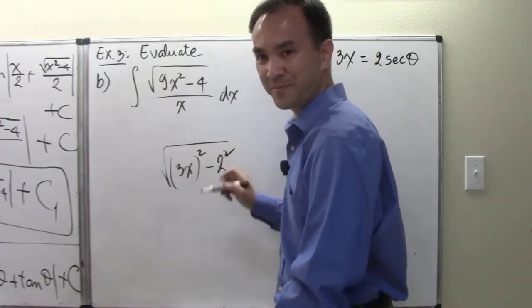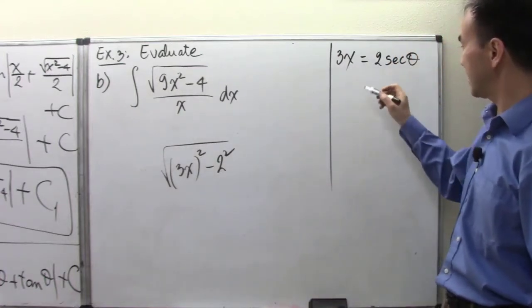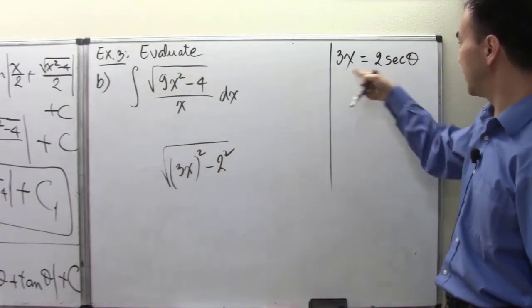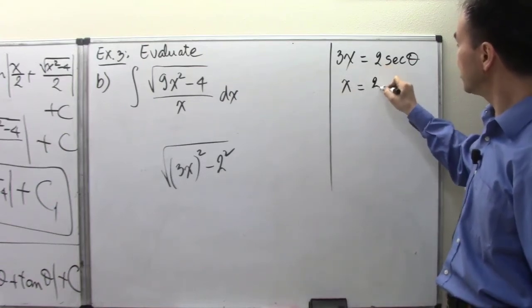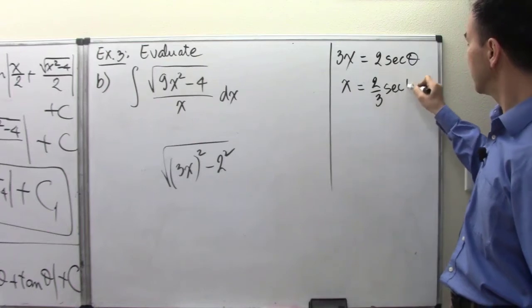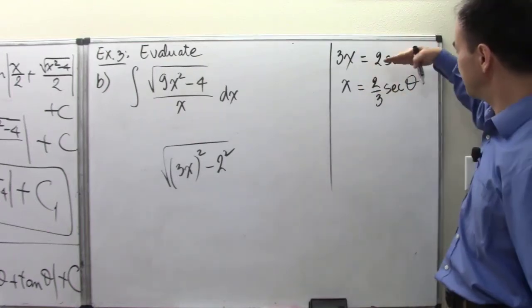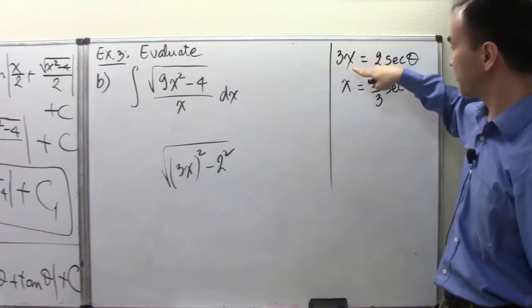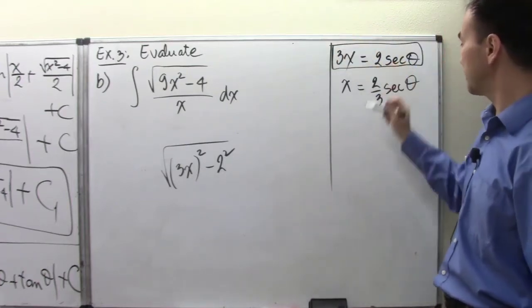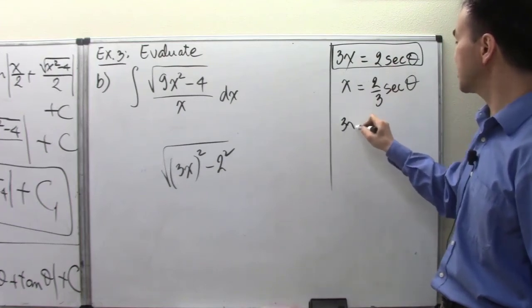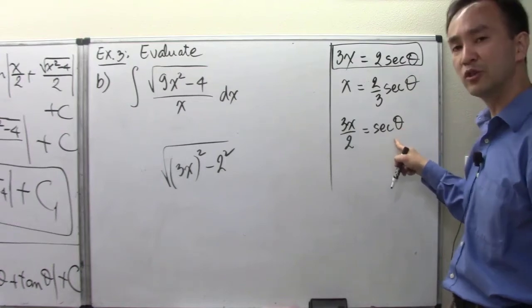From this substitution, I can divide both sides by 3 and have x equals 2/3 secant theta. On the other hand, I can also divide both sides by 2, which leads me to 3x over 2 equals secant of theta. This will become useful later.